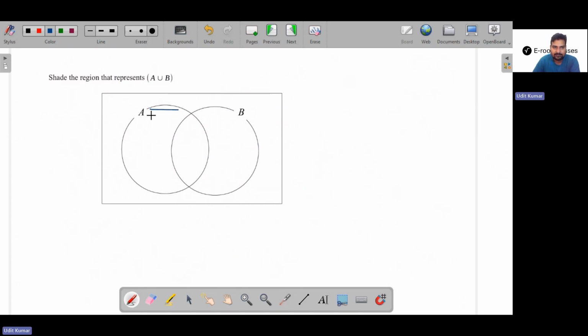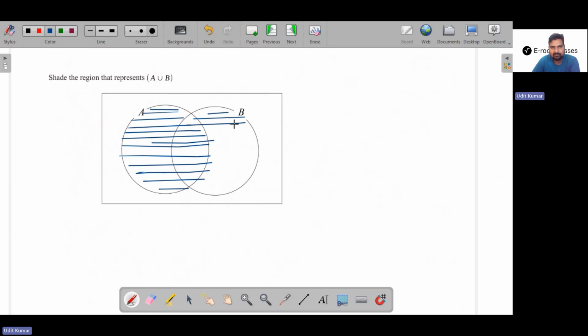Everything in A, right? And everything in B. So you have to shade everything in A and everything in B.